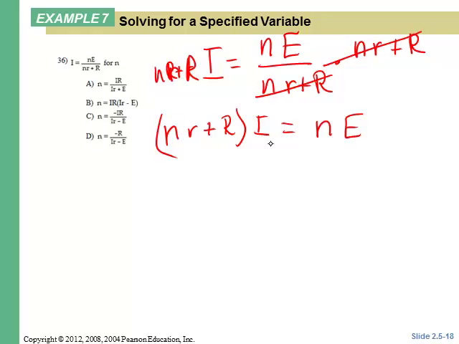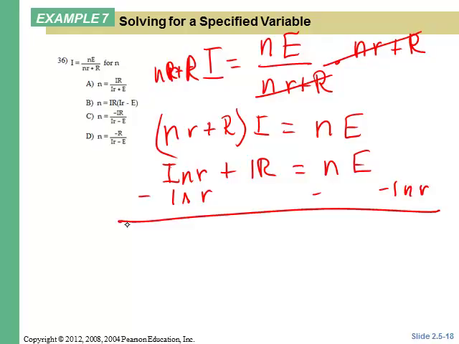Now when we multiply this out over on this side, we get Inr plus IR equals nE. Now you may say that didn't seem like that made it any easier, but now you can subtract Inr from each side, because now both r's are on the same side, and you're left with IR equals nE minus Inr.